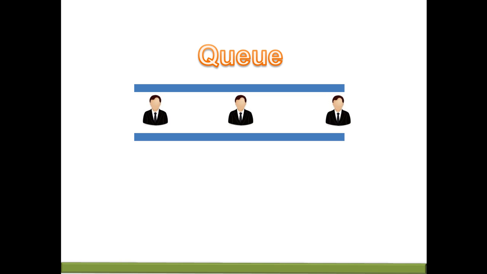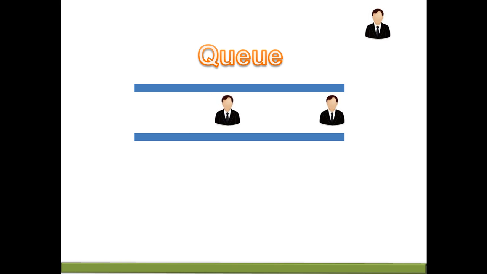So you have seen that the subject that moved into the queue first is moving out of the queue first. The subject that entered last is moving out of the queue last. So that was a queue.